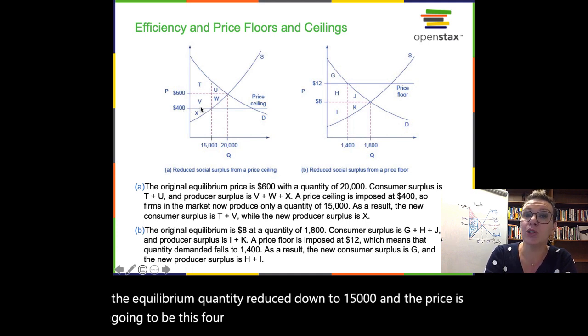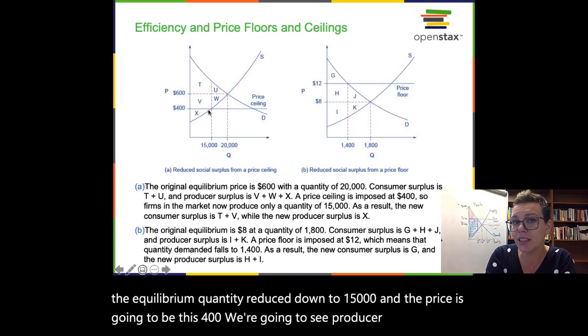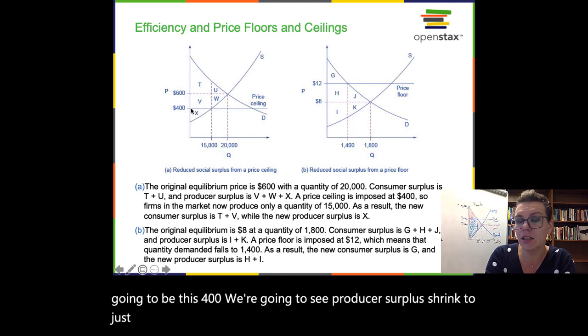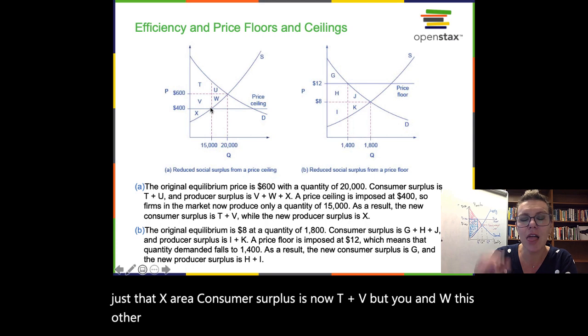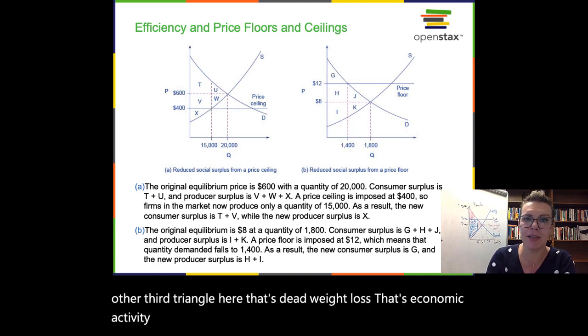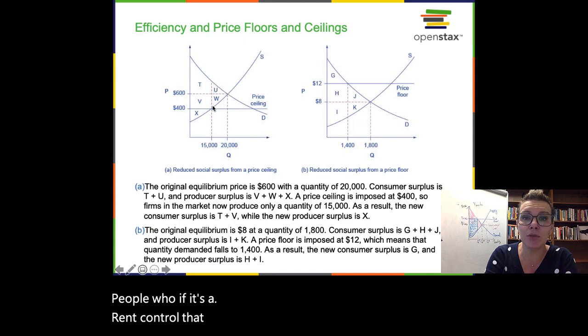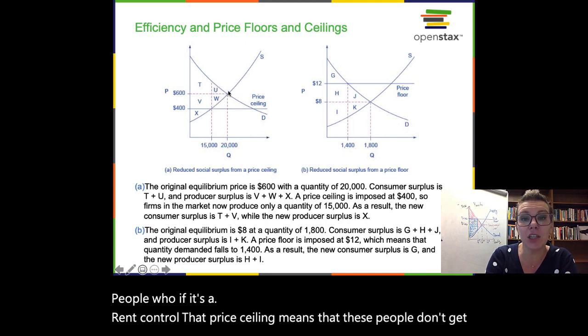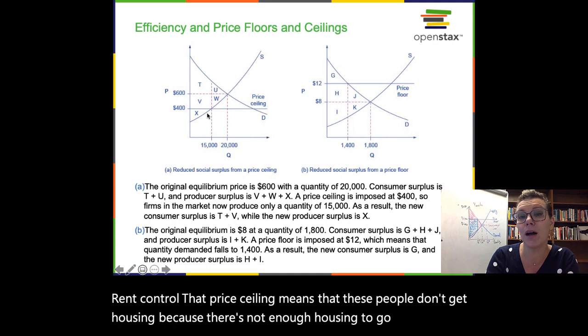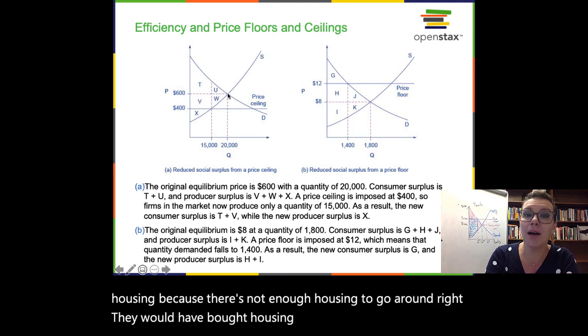We're going to see producer surplus shrink to just that X area. Consumer surplus is now T plus V, but U and W, this other third triangle here, that's deadweight loss. That's economic activity that no longer happens. If it's a rent control, that price ceiling means that these people don't get housing because there's not enough housing to go around, right? They would have bought housing at $600, but at $400, there's not enough for them.